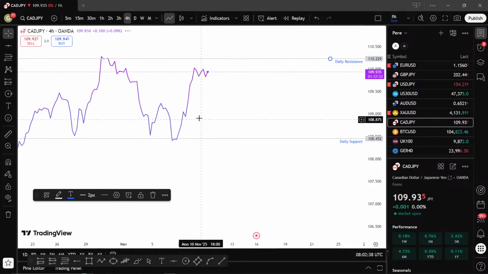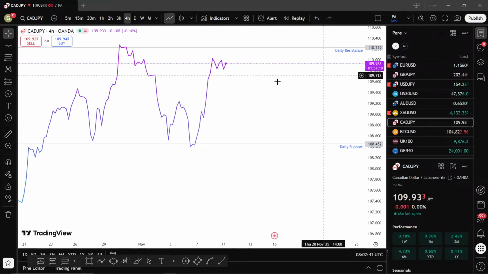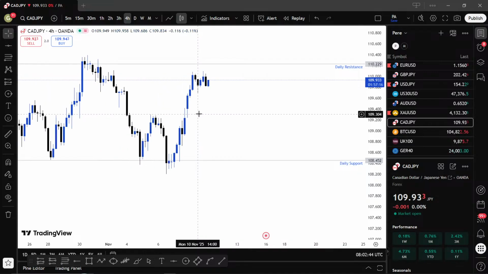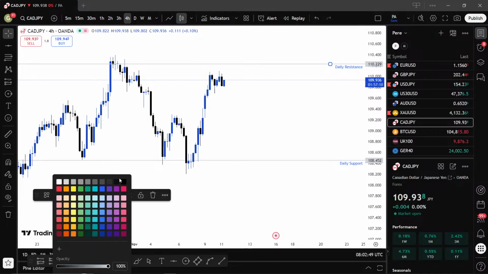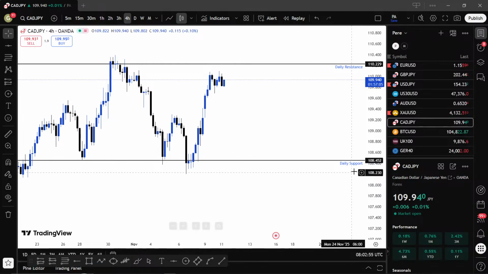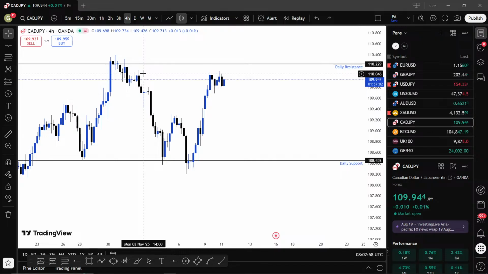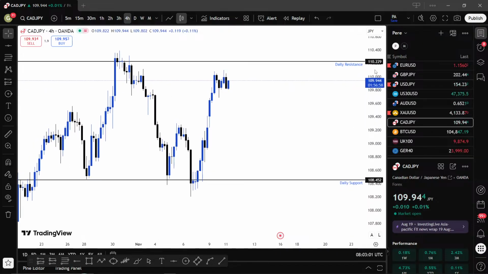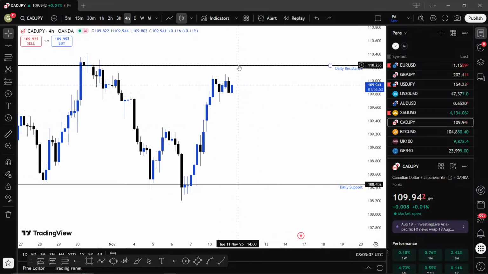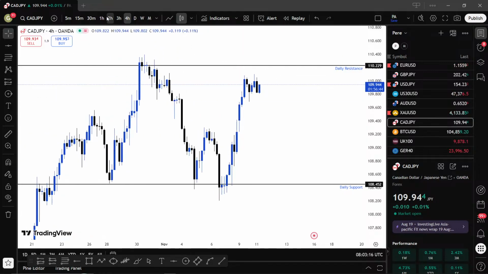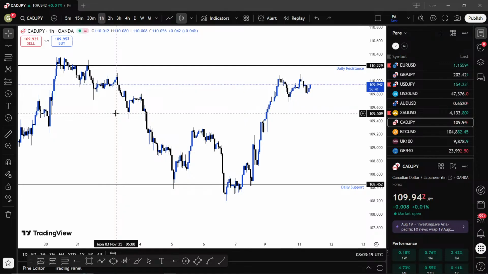Now I can drop down to the 4-hour time frame and change to the candlestick. Even on the 4-hour, we can't see much difference here. So looking at CAD JPY, we have to wait for it to come over to the daily resistance, see if it gives us a market shift to the downside, which will show that there is some bearish momentum. Anything other than that, the best I can say is stay off the market at the moment until you see something reasonable to trade.